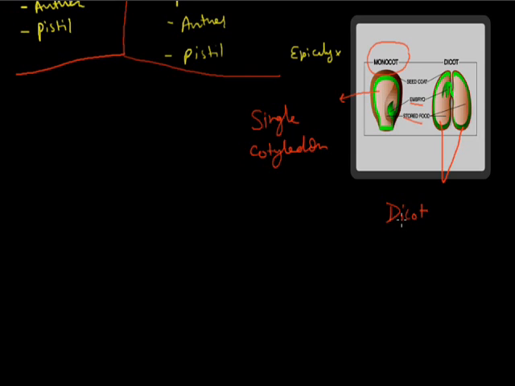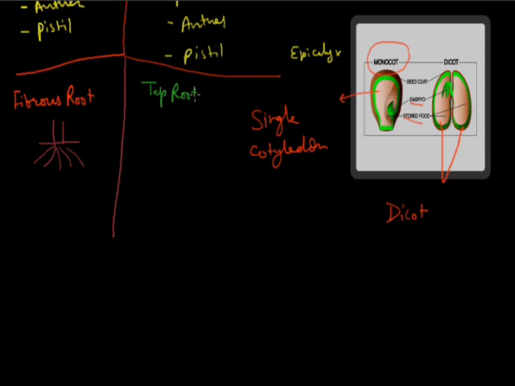In the case of monocot plants, they have the fibrous root. Fibrous root means that in the underground part of the plant body there is no one main root. All roots are equal and they form a fibrous like structure, we call it fibrous root. In the case of dicot plants, they have the taproot. Taproot means it has the main root.